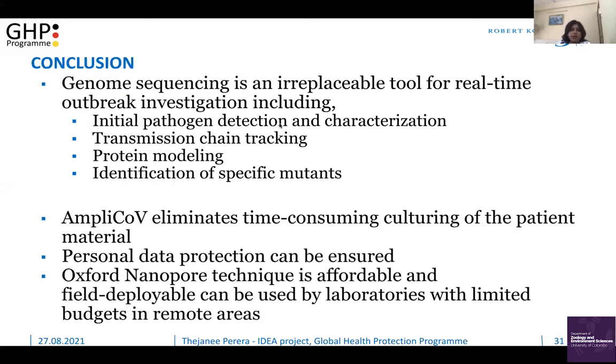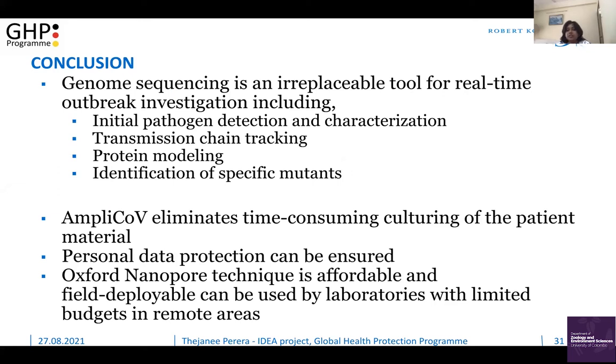So in conclusion, genomic sequencing is an indispensable tool for real-time outbreak investigation, including initial pathogen detection and characterization, transmission chain tracking, protein modeling, and identification of specific mutants.